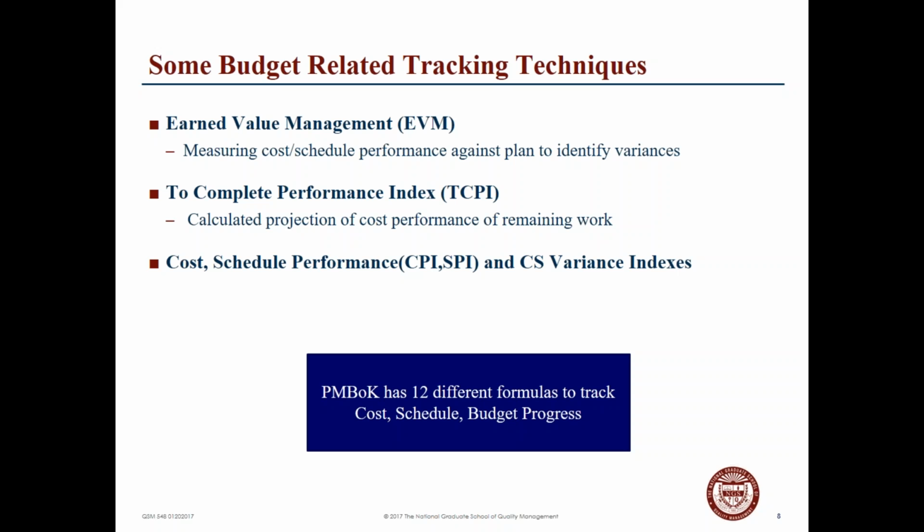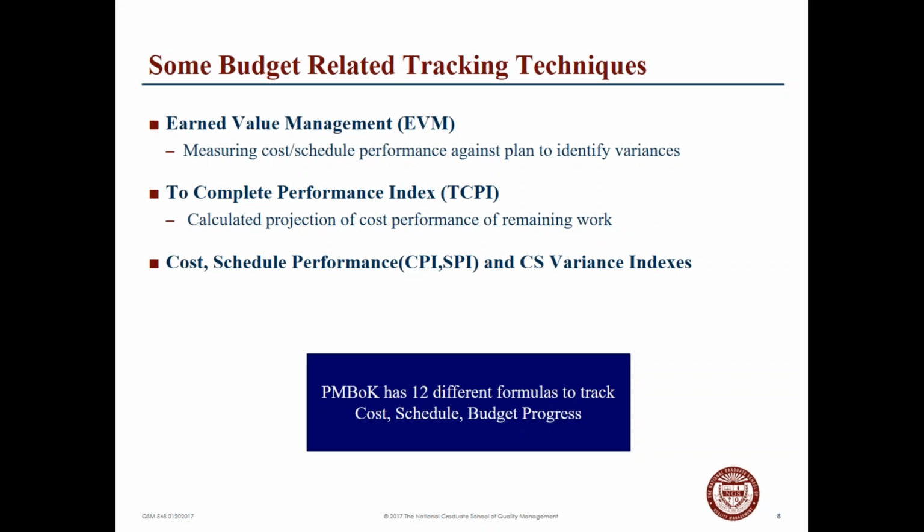There are a couple of different ways to track your budget. One of those is EVM, which is Earned Value Management, and this looks at measuring cost and performance against a schedule to look at what variances may or may not exist.